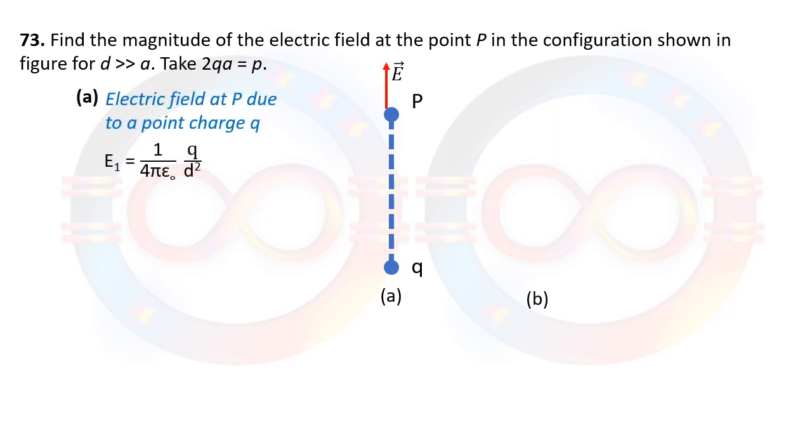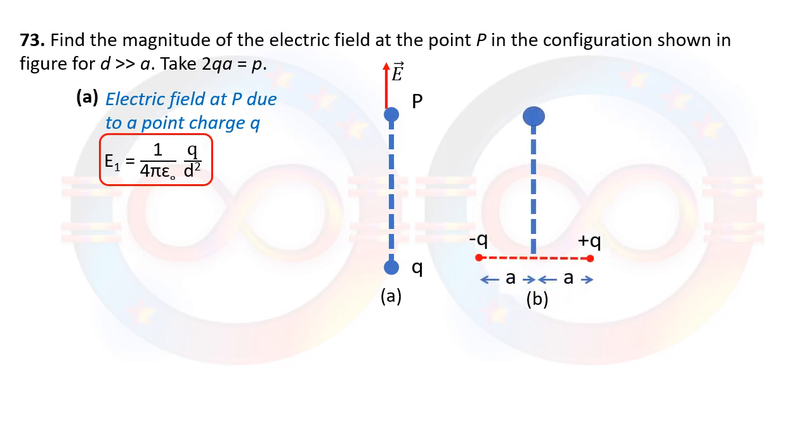In part B, the diagram is given like this, and the point is present on the perpendicular bisector of the so-called dipole, which is given in the diagram. So we know that field due to the negative charge would be towards, due to the positive would be away. Each field would have two rectangular components.